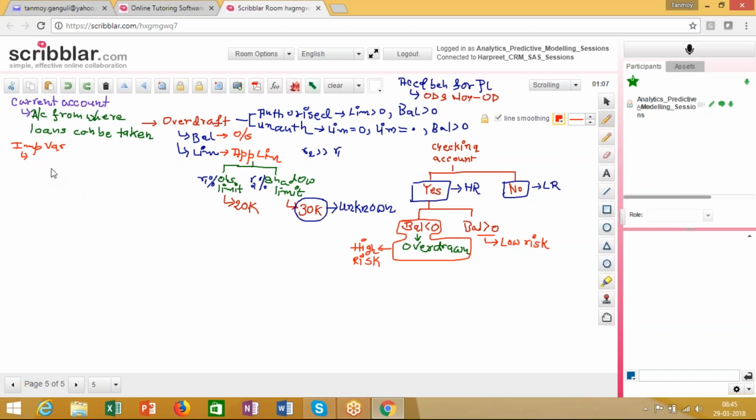Now, one very important thing is that while we are talking about these basic variables like the limit and the balance, these are very critical variables. First I might have limit, then I have balance.